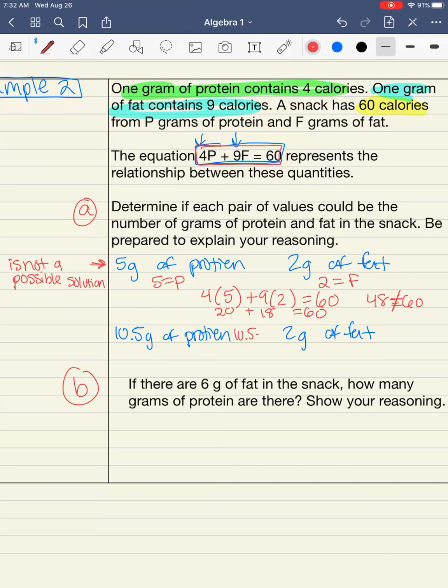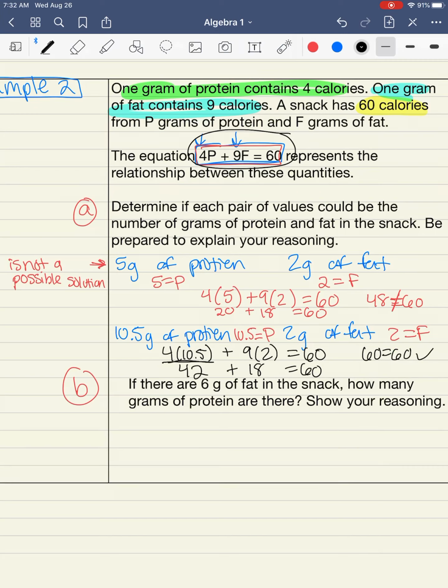So 10.5 will replace protein or P and 2 will replace F. So now we're going to plug back into this original equation. 4 times 10.5 plus 9 times 2 equals 60. Well, 4 times 10.5 is 42. And 9 times 2 is 18. And that does equal 60.